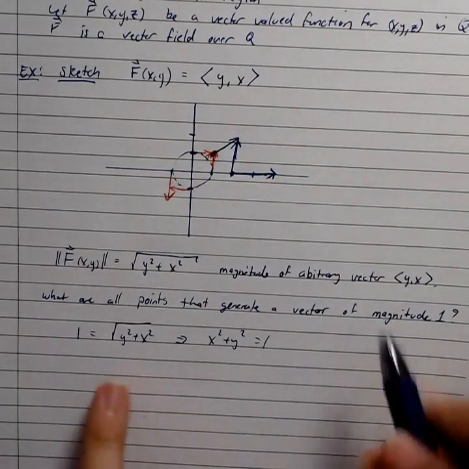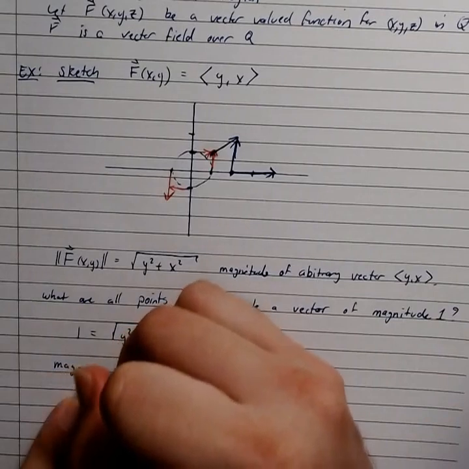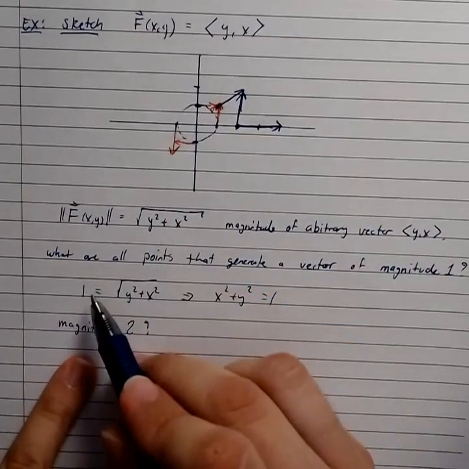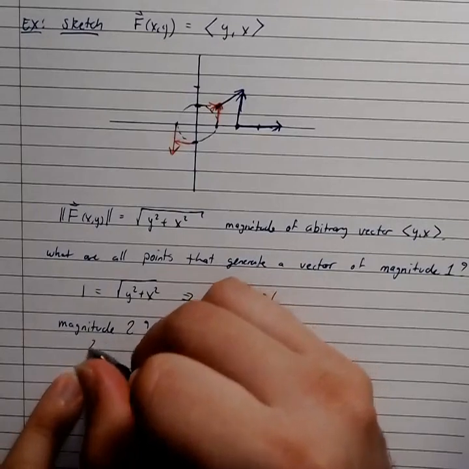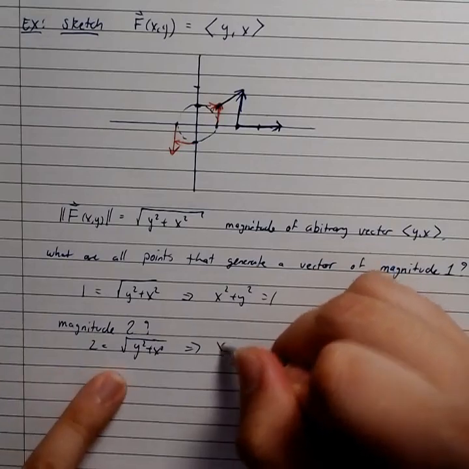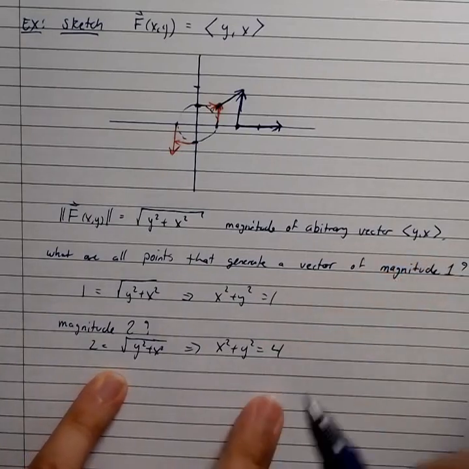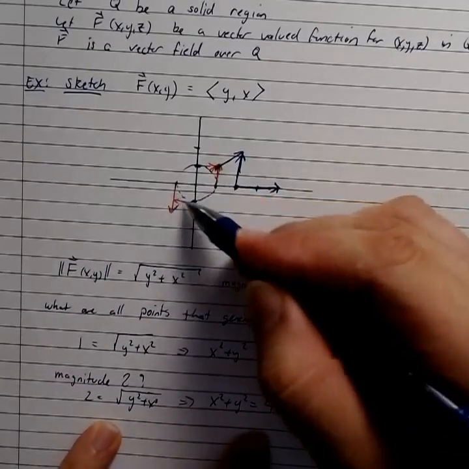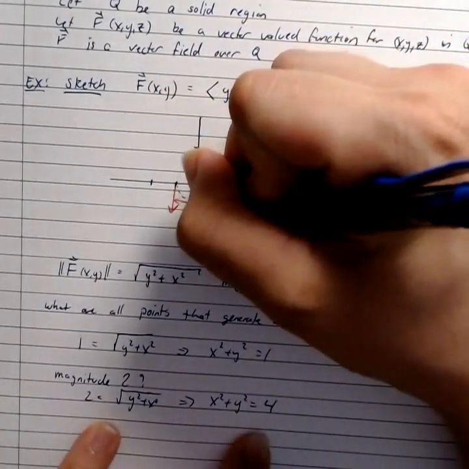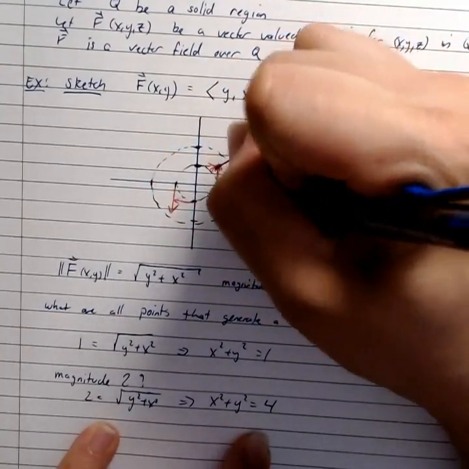If we repeated that again for a different magnitude, we could say, what about magnitude 2? And of course here that would just be that this value here is equal to 2, which of course if we square both sides gives us the circle of radius 2. So what that's saying is that if every point on this circle gives us a vector of magnitude 1, then every point on this circle would give us a vector of magnitude 2.